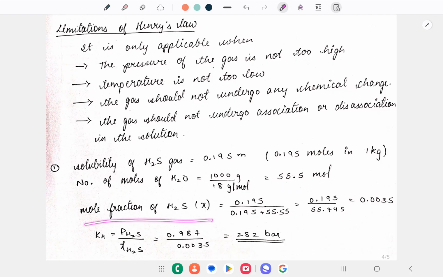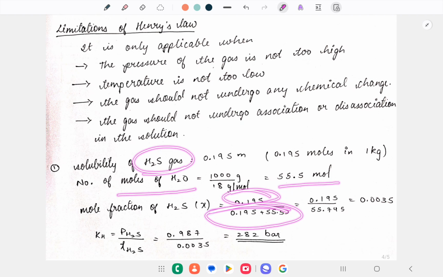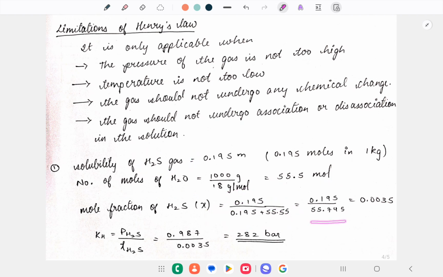Now the mole fraction of H2S. We already know the moles of H2S and we know the moles of water. So the moles of H2S by total moles of the solution is equal to the mole fraction, that is 0.0035.